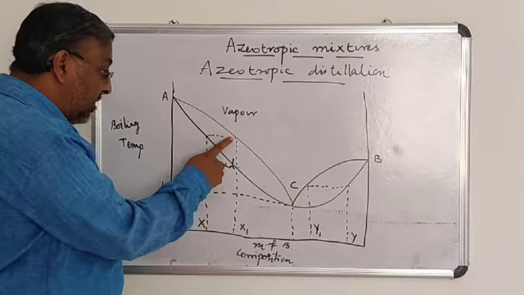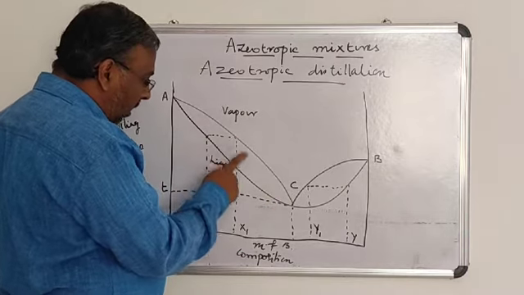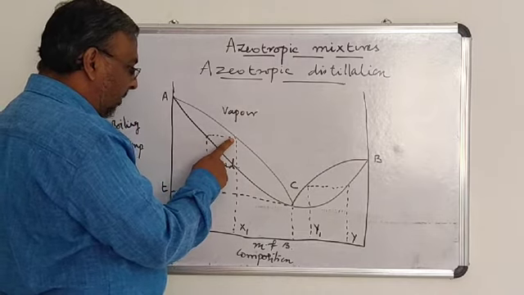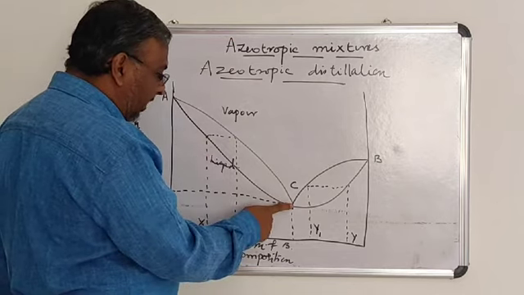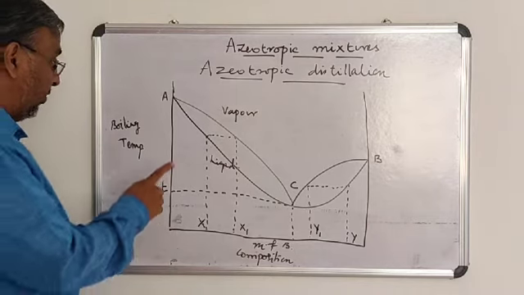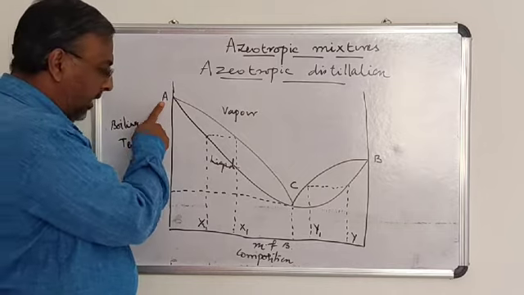It will be rich in constant boiling mixture. When we distill and condense the vapors, with the composition X1, it will be rich in constant boiling mixture C. The remaining residual liquid will be rich in A.